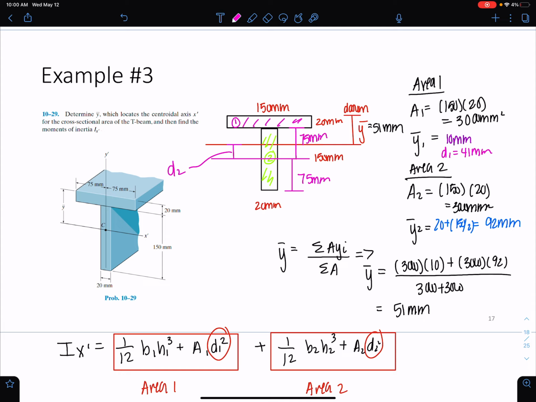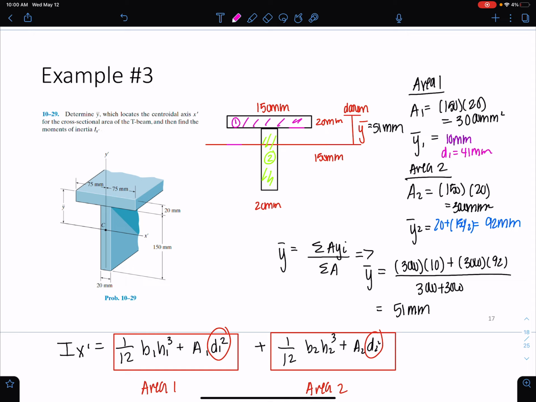I want just the distance to the neutral axis, so I'm going to subtract my y bar. So 75 minus 51. Oh, whoops, actually, no, sorry. Let's do this again because this looks messy.